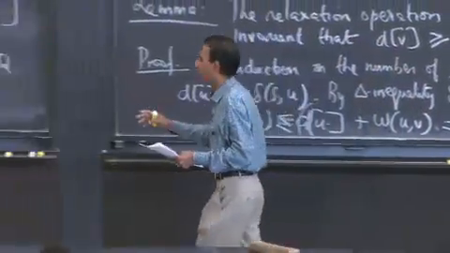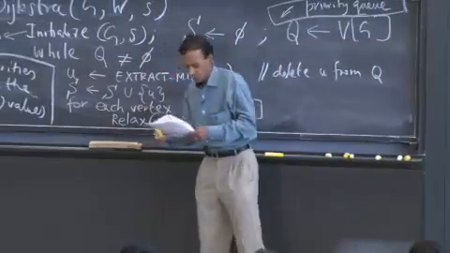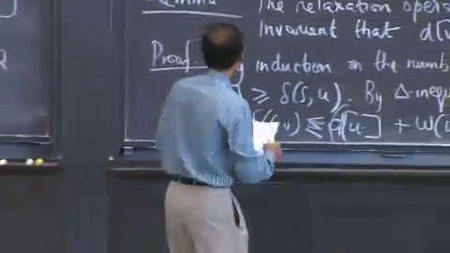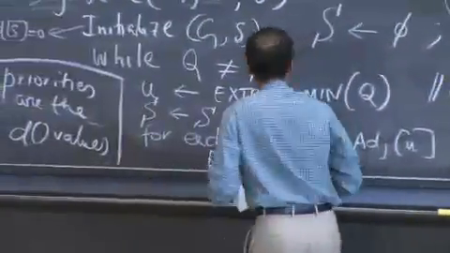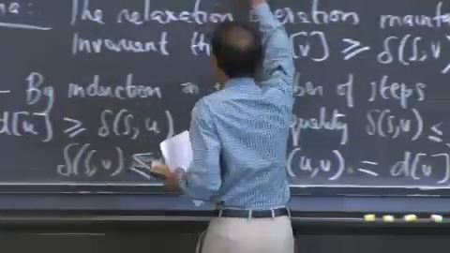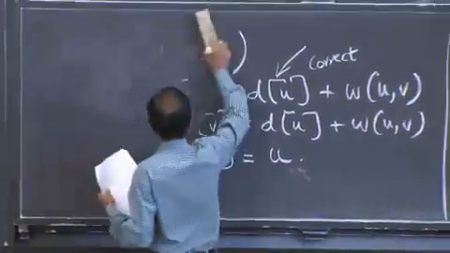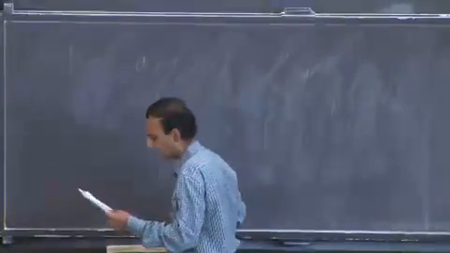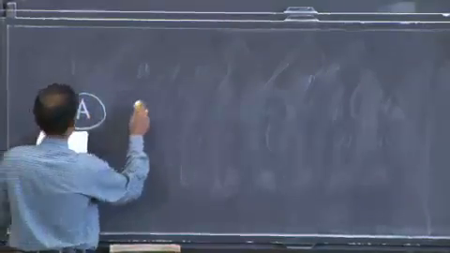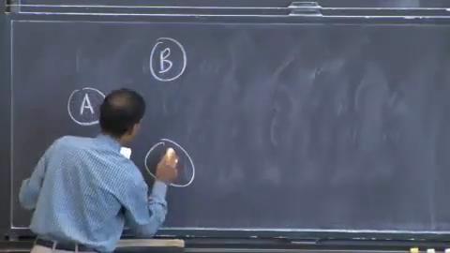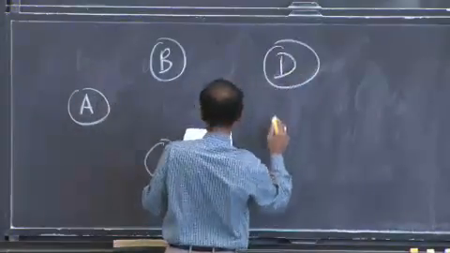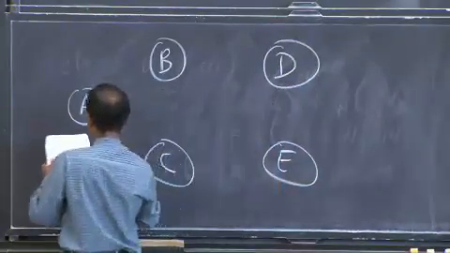OK. So let's just go through a couple of steps in an example. I'm not going to go through the whole thing, but you'll see an execution of Dijkstra in the notes. I think it's worth spending just a couple of minutes going through the first few steps of a Dijkstra execution, just so how this priority queue works is clear. And let's take a look at a directed graph that has 5 vertices.